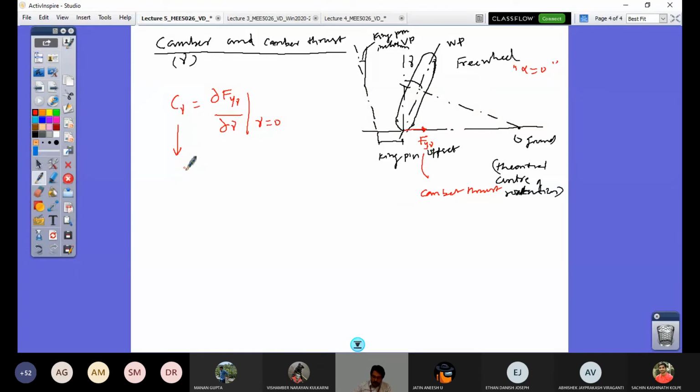And this value is what I was telling, 1/5 to 1/10 for the same operating condition. So let me call this equation 1.38.